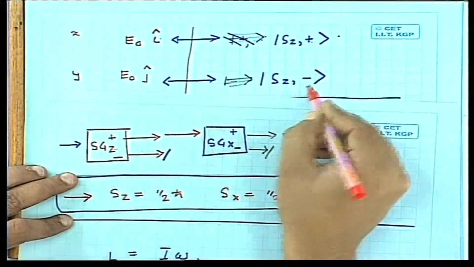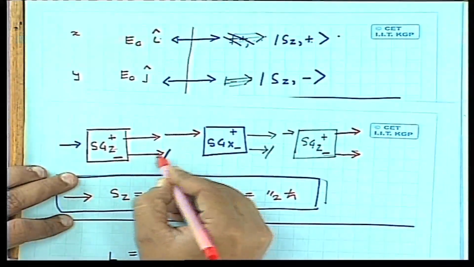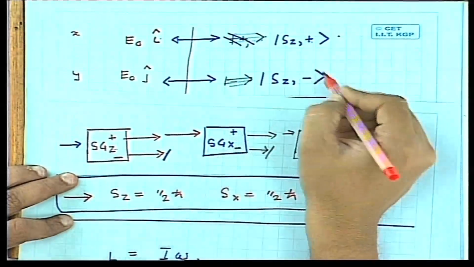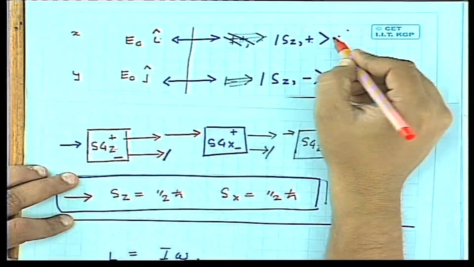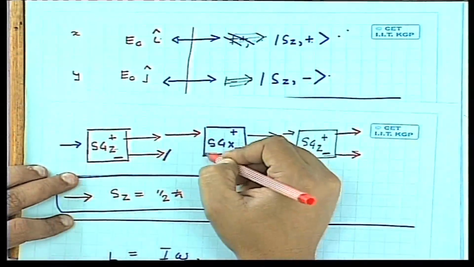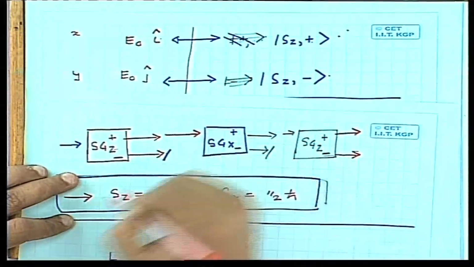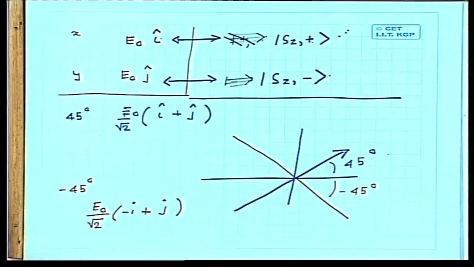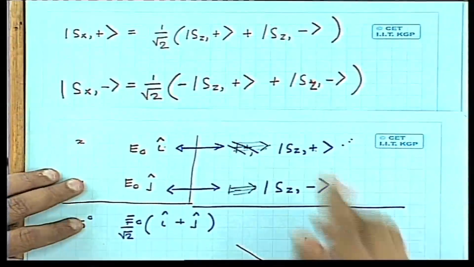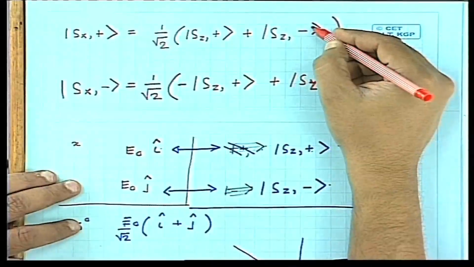This vector represents the particles which come out from the bottom, spin down. We are throwing away this part and we are only retaining this part. Once the particle has come out, now we are measuring the x component of the spin. So if you make a measurement of the x component of the spin, what we get is that the state of the particle will go on to either this or this.